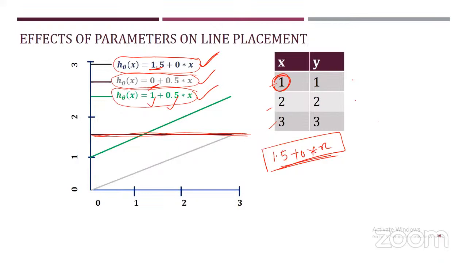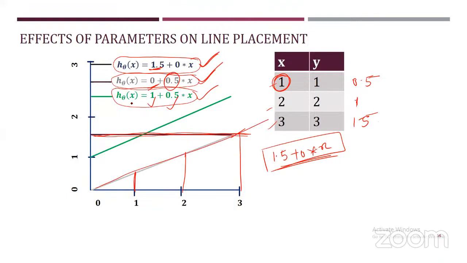Just theta 1 is going to contribute. So 0.5 means for your 1, it's going to be 0.5. For 2, it's going to be 1. For 3, it's going to be 1.5. So this will be the placement for this case.